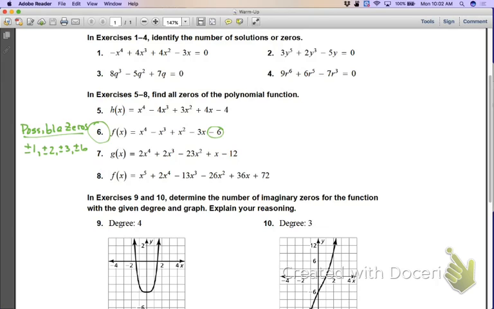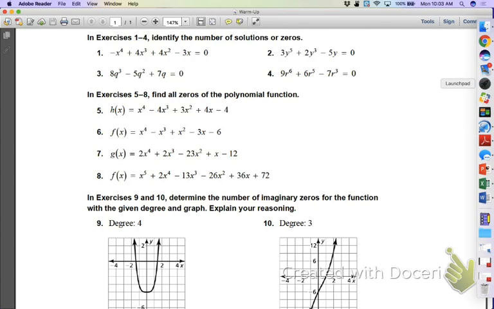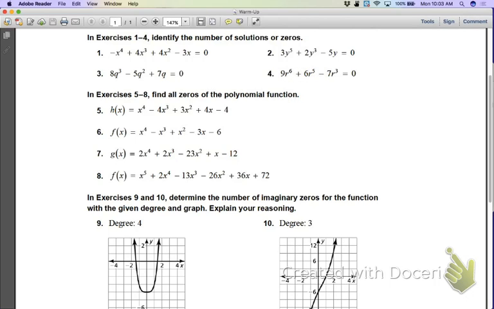Now you can try every single one. What I would suggest with this is going to either your graphing calculator or Desmos, some way that you can graph this.